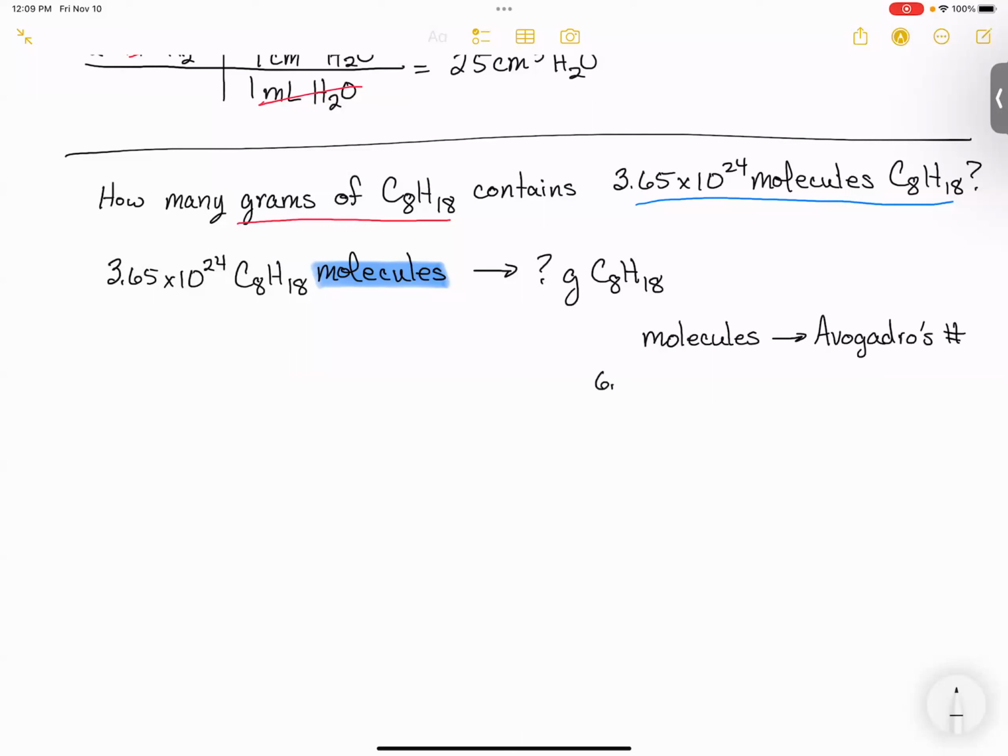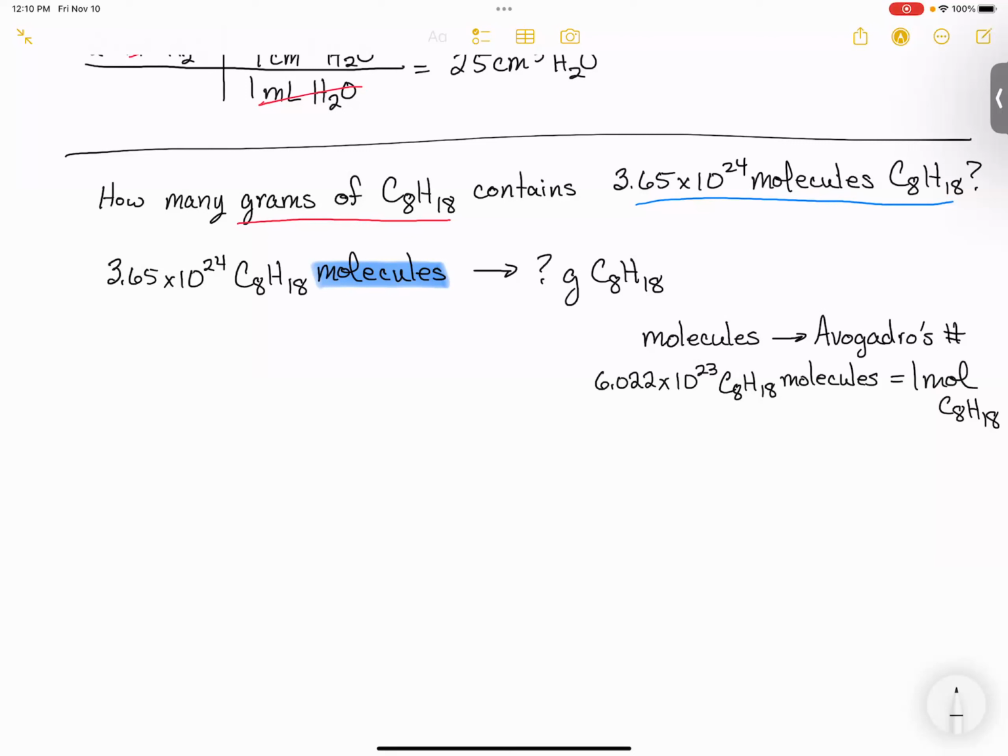Which is 6.022 times 10 to the 23rd of anything, in this case, C8H18 molecules, is equal to 1 mole of that thing. Avogadro's number is always 6.022 times 10 to the 23rd of anything is 1 mole.